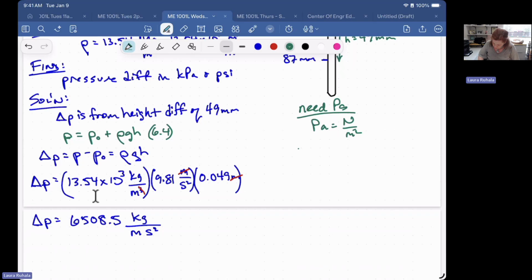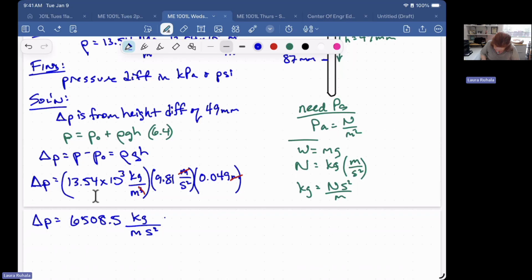And so if I start off with weight equal to mass times gravity, in terms of units, that would be Newton is equal to kilogram times meter per second squared. If I solve this for kilogram, a kilogram then is a Newton second squared per meter. Let's put that in my answer here.